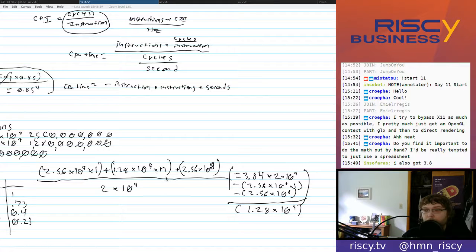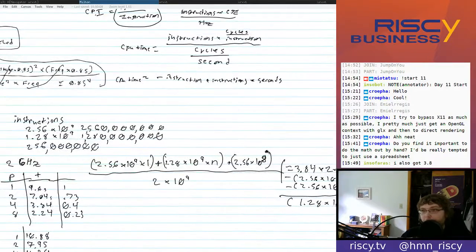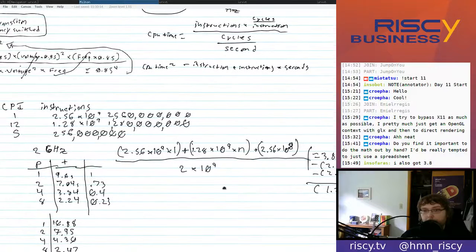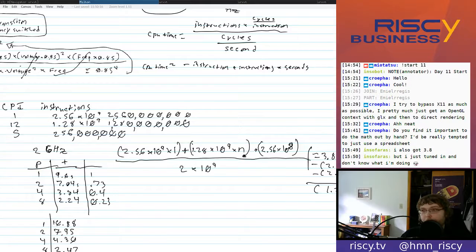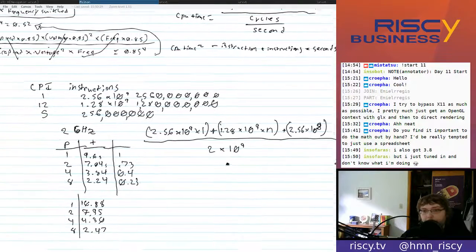So what did we do wrong? For context, we're solving, if we set the CPI of the load store instructions, which is the n in this equation here, if we set that to something... let me explain what we're doing.